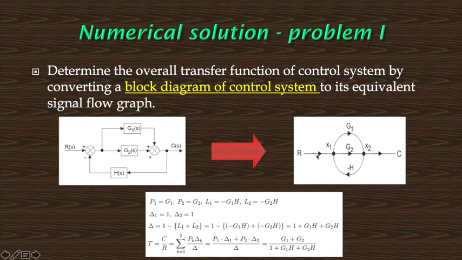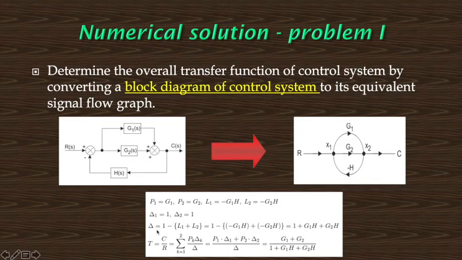Here are two forward paths. One forward path is P1 equal to G1 and another forward path is P2 equal to G2. Then consider the loops. Here are two loops. One loop is this one, another loop is this one. So loop 1 is minus G1H and loop 2 is minus G2H. Then calculate delta 1 and delta 2. Here the two forward paths touch all the loops, so delta 1 equal to 1 and delta 2 equal to 1.